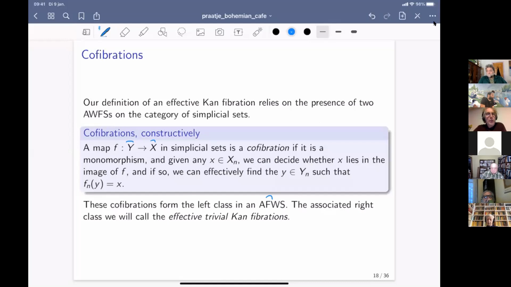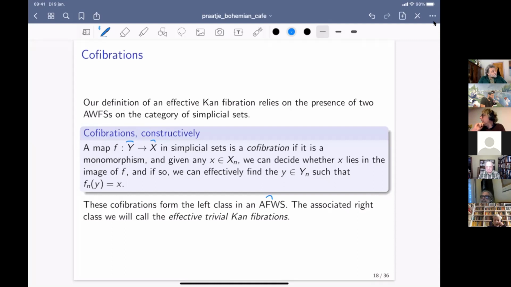Yeah. So our idea would be to use the Sattler approach for constructing the model structure, where the weak equivalences are defined in a very indirect way. Something like things that factor as a blank followed by a blank. Yeah, indeed. So that gives you very little understanding of what they are. Of course, between fibrant objects, they're basically the homotopy equivalences, so that's a lot better.